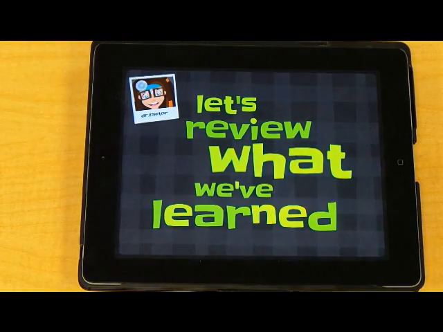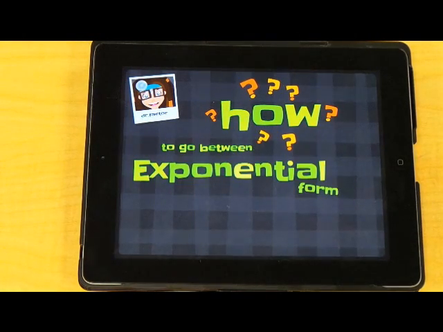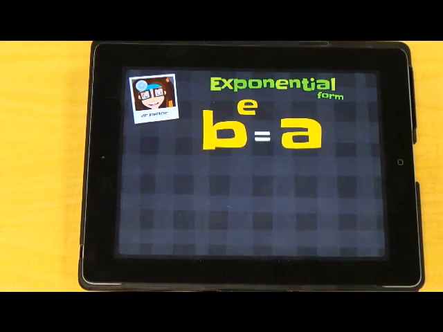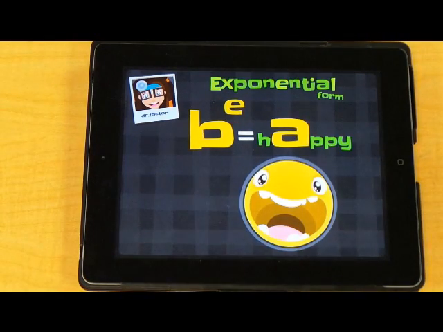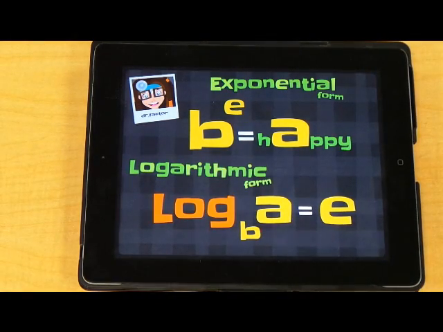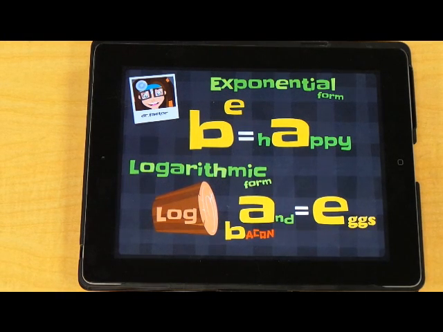In exponential form, we have a base to an exponent equals an answer. That's the be happy form. The logarithmic form is log base of the answer equals the exponent. That's the log bacon and eggs form. That's it for now. Bye from Mathland.